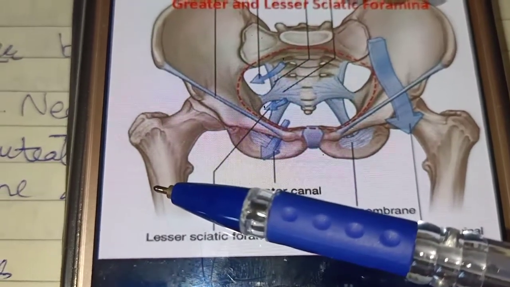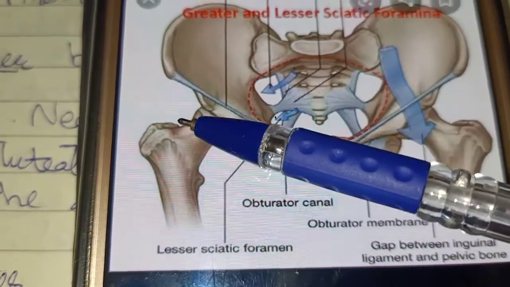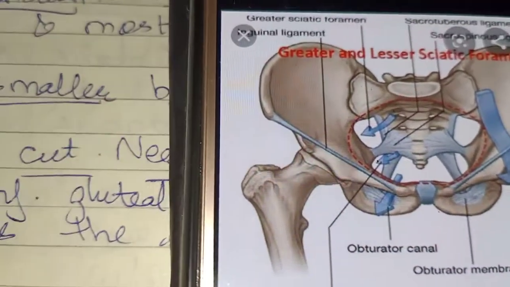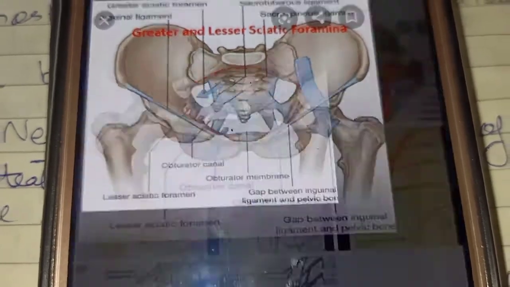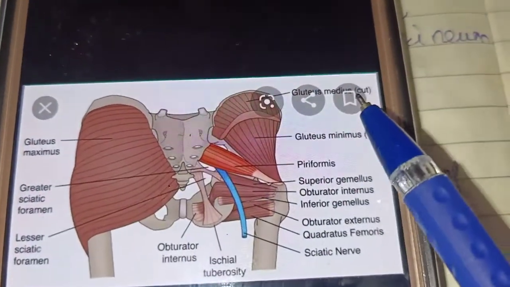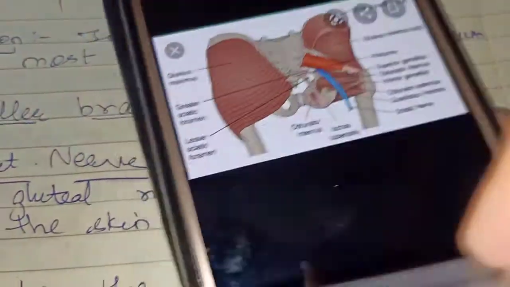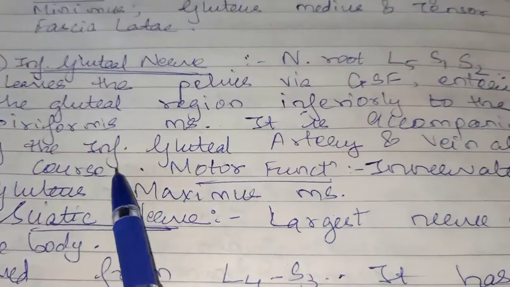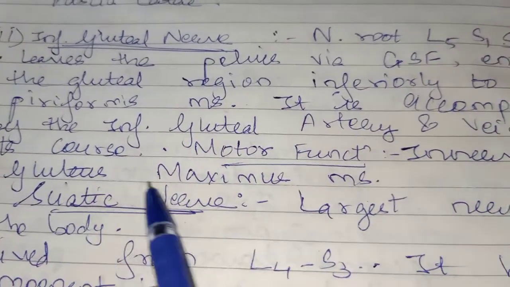It descends deep to the gluteus maximus and runs down to the back of the thigh to the knees. You all know the gluteus maximus is supplied by the inferior gluteal nerve, its motor function.